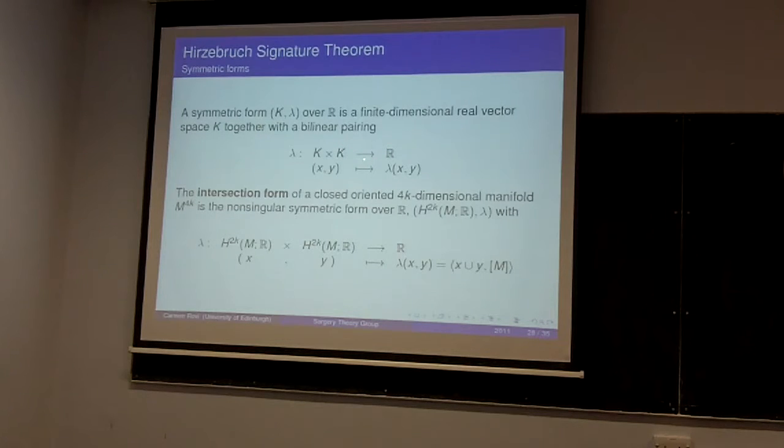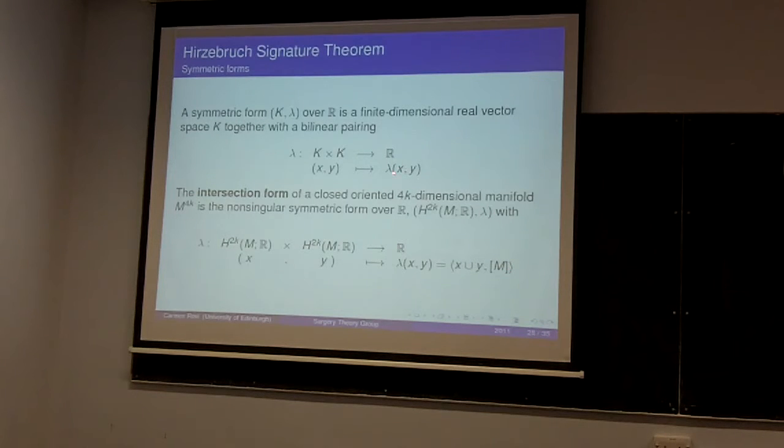And in particular, the intersection form of a closed 4k dimensional manifold is this non-singular symmetric form over R. Here, our K has become the cohomology group of dimension 2k of this manifold over R. And our bilinear operation lambda has become this operation here.